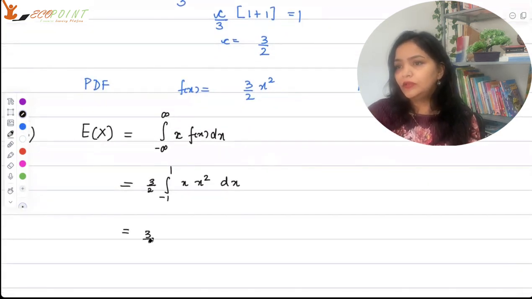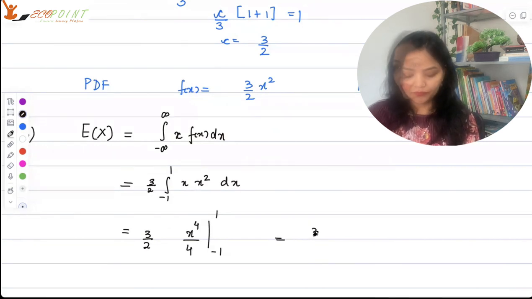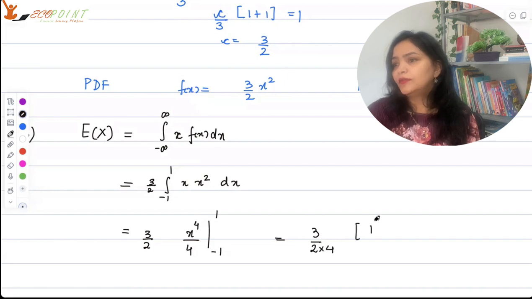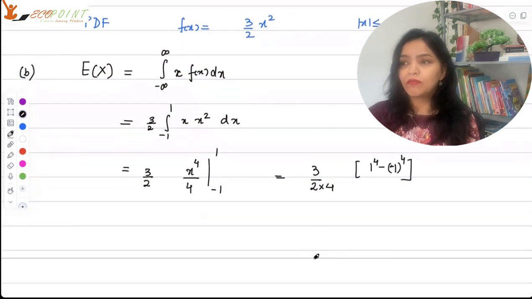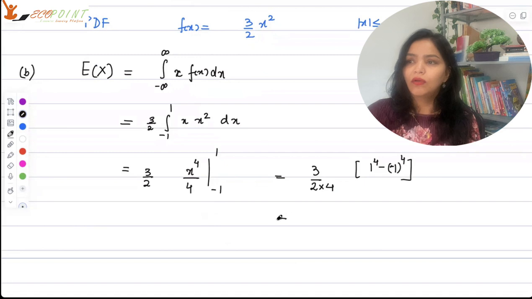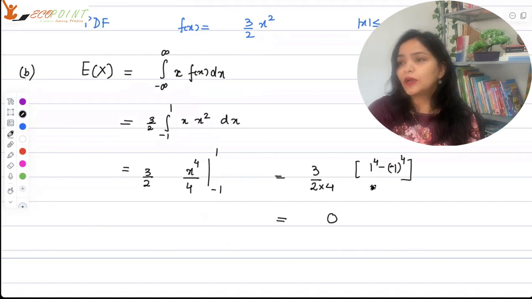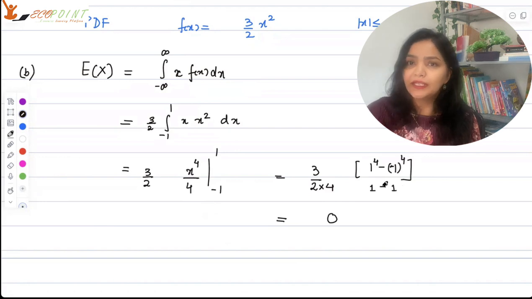So it's going to be 3 by 2 times x to the power 4 upon 4 from -1 to 1. So this will be 3 by 2 into 4, and here you will have 1 to the power 4 minus 1 to the power 4. Now, power is even, so this becomes 0 because this is also 1 and this is also 1. So you will get 0.